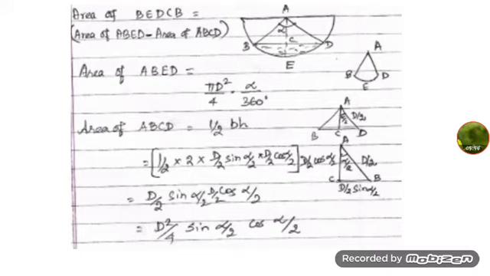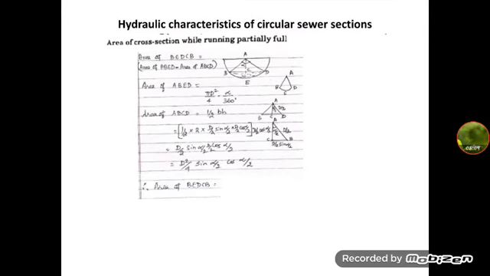The 2 gets cancelled, and the remaining is D by 2 sine alpha by 2 and D by 2 cos alpha by 2, that is D square by 4 into sine alpha by 2 and cos alpha by 2. Therefore, the area of the flow is equal to pi D square by 4 into, by substituting the values, alpha by 360 minus sine alpha by 2 into cos alpha by 2 divided by pi.